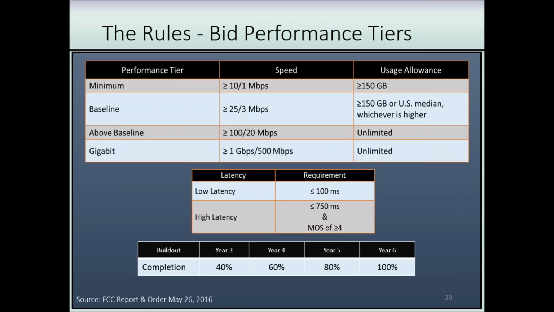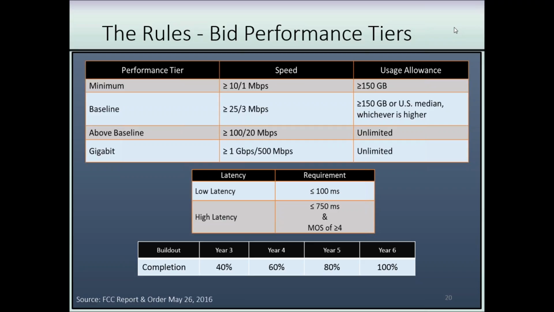And there is a usage allowance relative to data caps of 150 gigabit level data usage. The baseline performance that will likely get a bid credit, and those credits have not been determined yet, would be 25/3. And above baseline is 100/20.